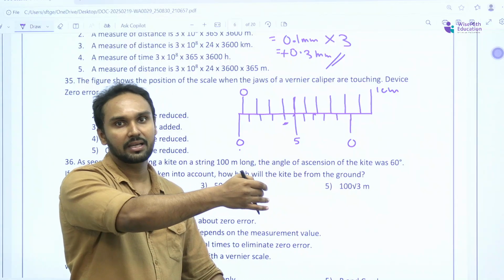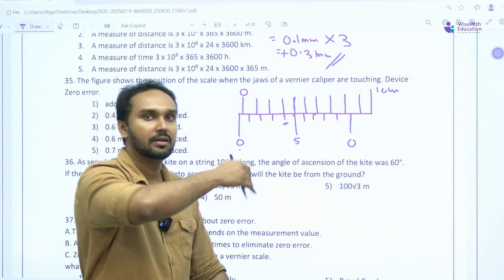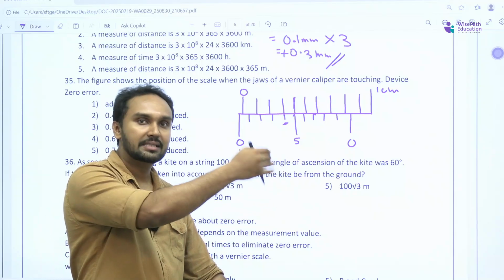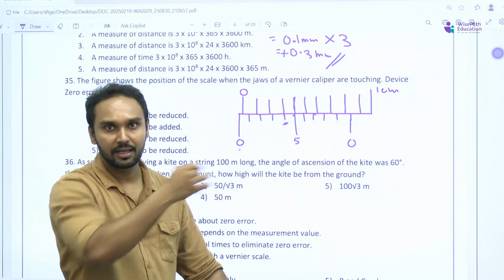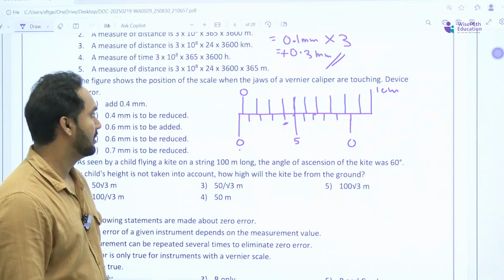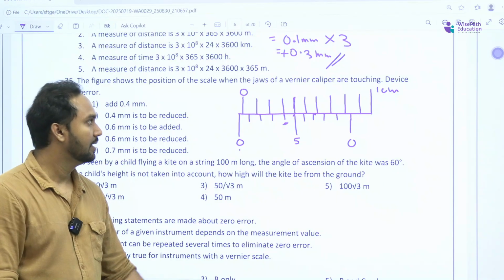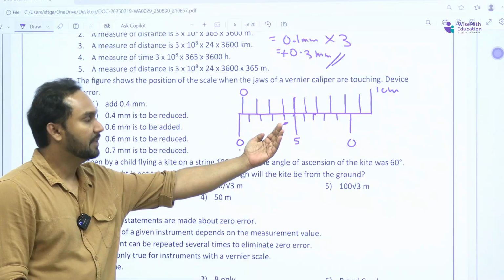Usually the readings we take are due to moving forward, and that is fine. Now this has aligned coming back, so it has to be different, isn't it?